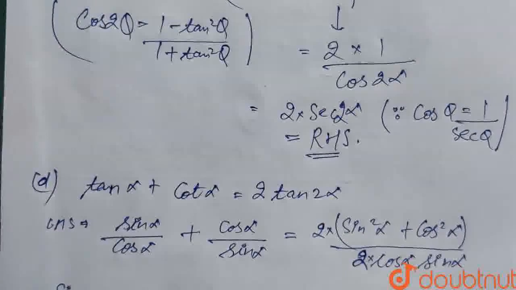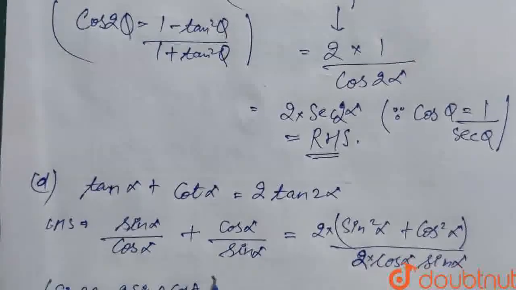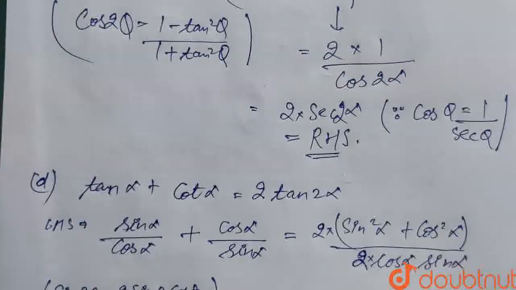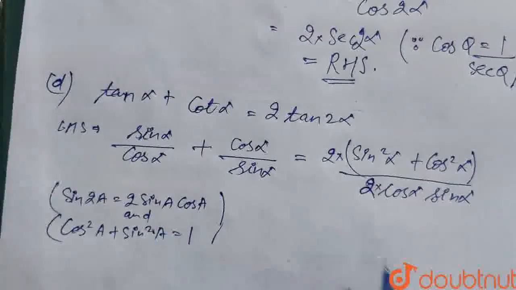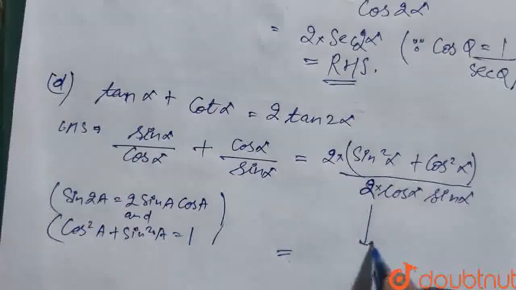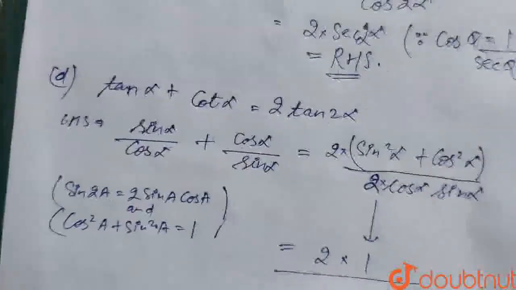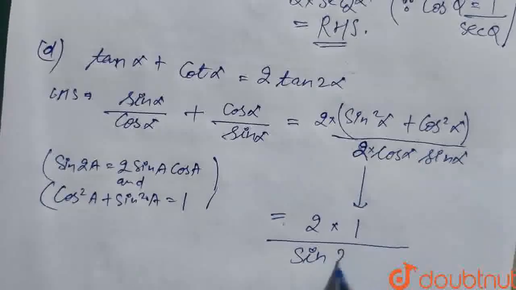so we know that sine 2a is equals to 2 sine a cos a, and cos square a plus sine square a equals to 1. So by using these two trigonometric identities, we get this expression as 2 into 1, and in the denominator we get sine 2 alpha.